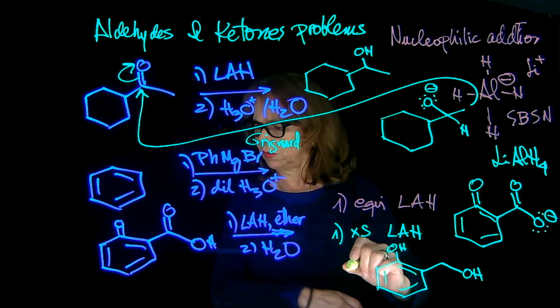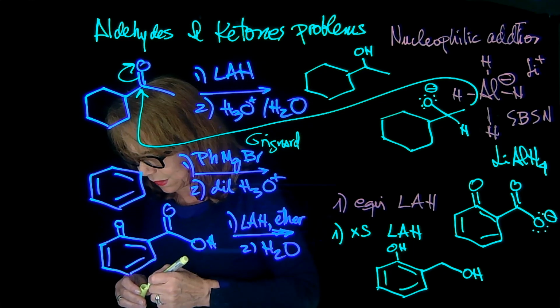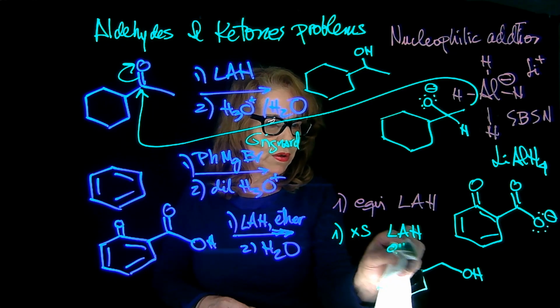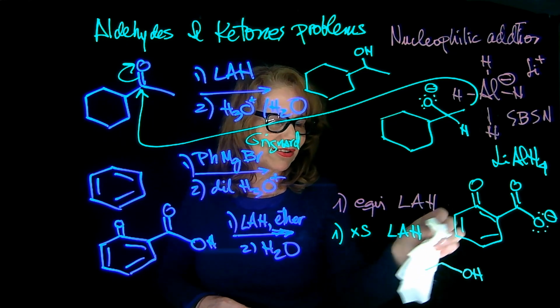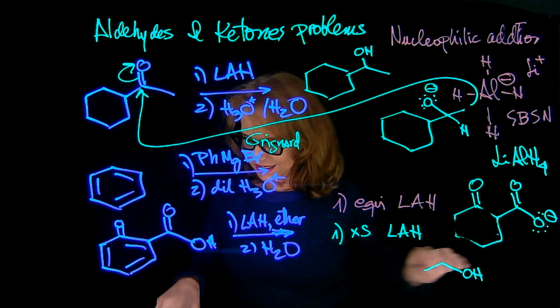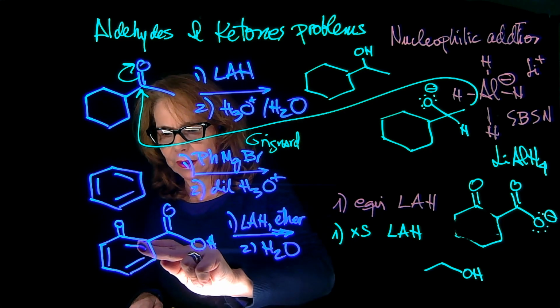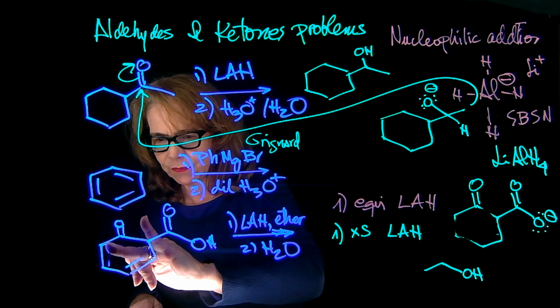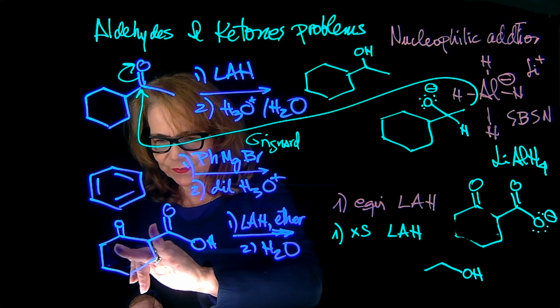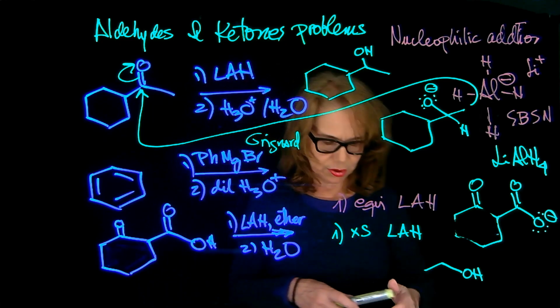And again, I was missing these bonds. But no, that's not right because I cannot have 5 bonds here. My mistake was made in the original structure. Remember that you cannot exceed the octet. So that's like a cyclohexanone.